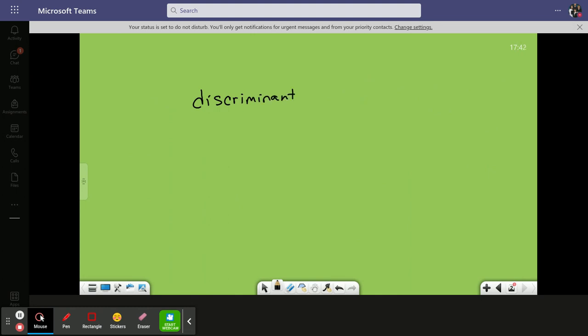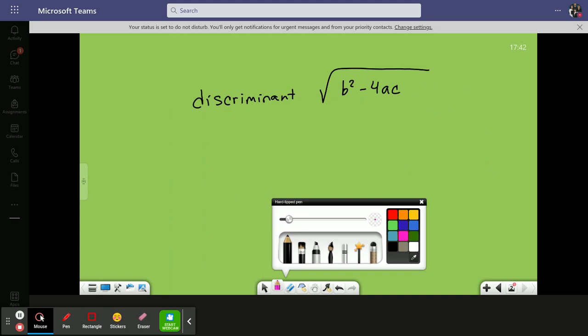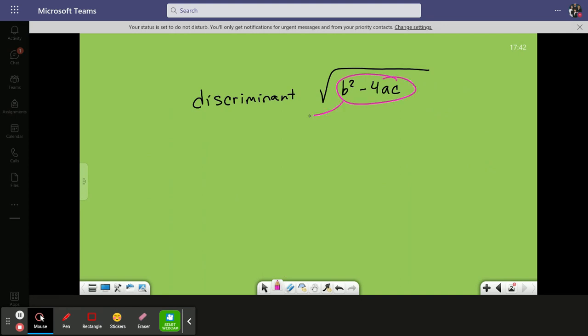That's what you see under the radical. The discriminant is going to be your b squared minus 4ac. Whatever number you get right here.